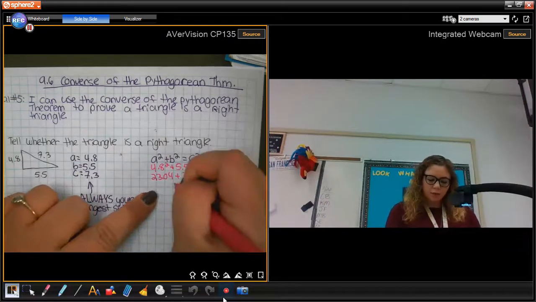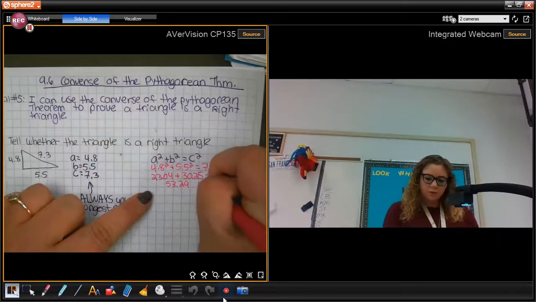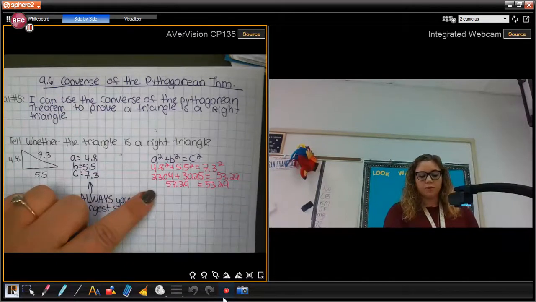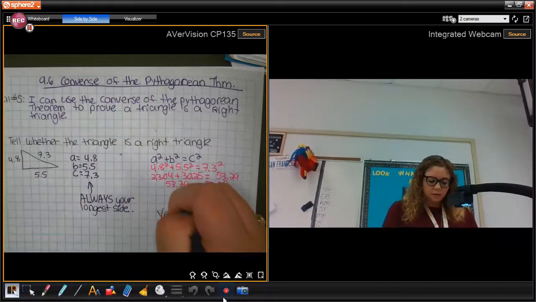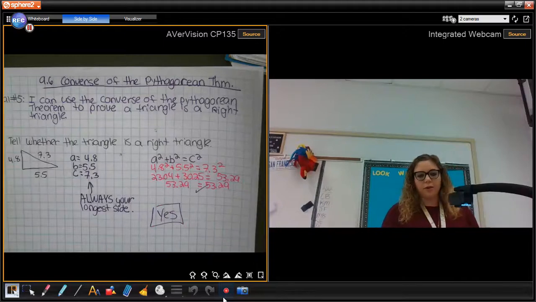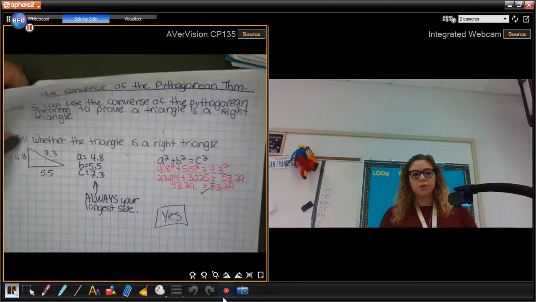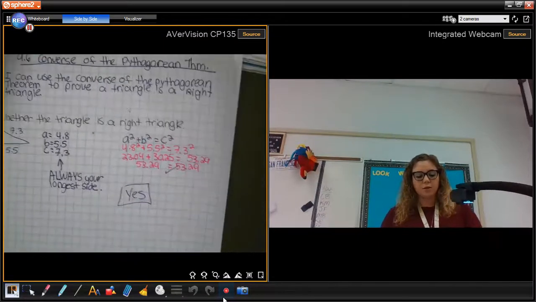Add those together and I get 53.29 equals 53.29. Do they equal each other? Yes, they do. So since they equal each other, it is a right triangle. So that's how you would use the Pythagorean theorem to prove if something is a right triangle or not.